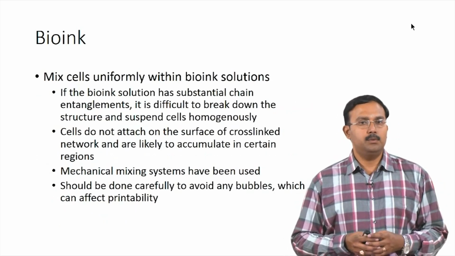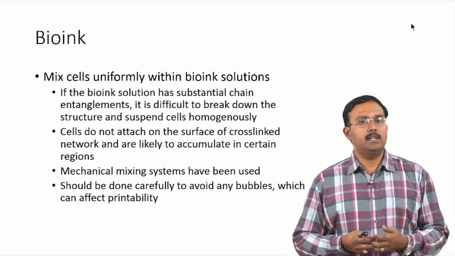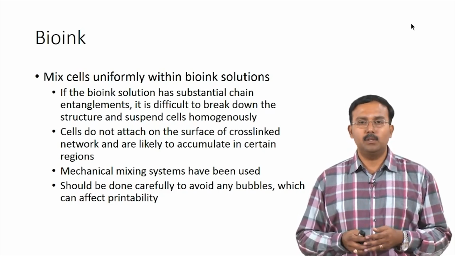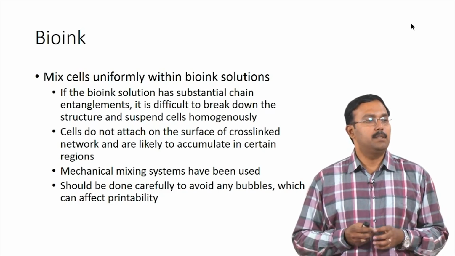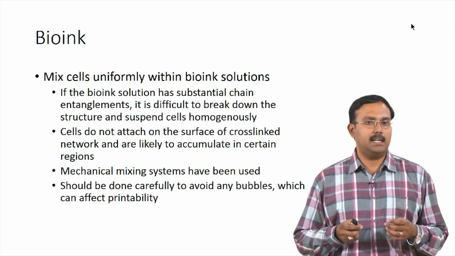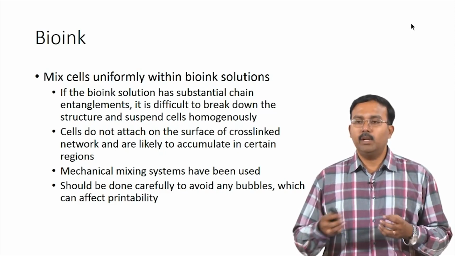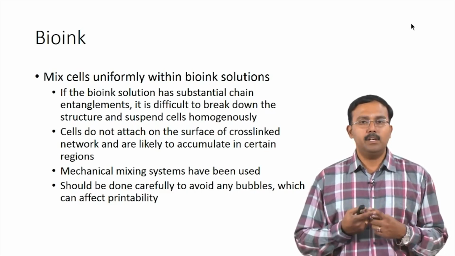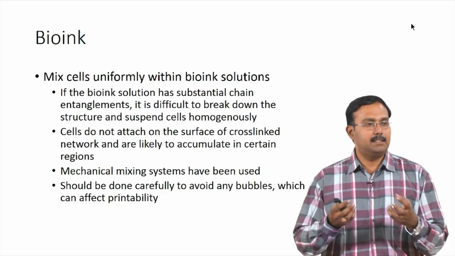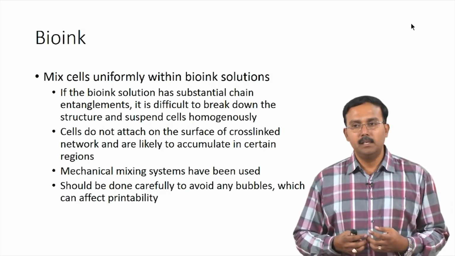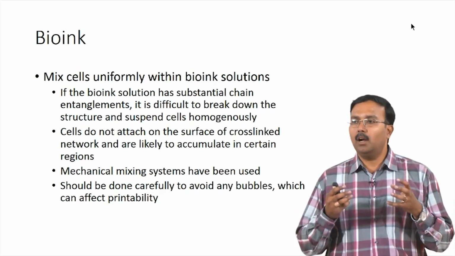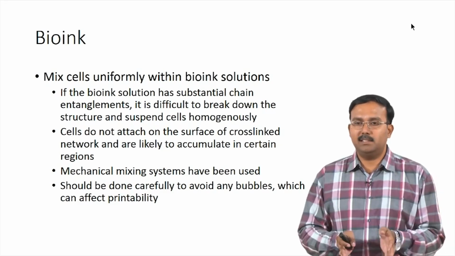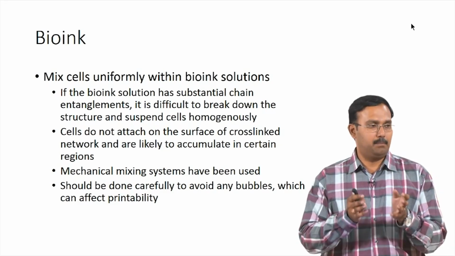So, when you are trying to use a bio ink, you are actually trying to mix cells uniformly within the bio ink solutions most of the times. When you try to do this, you need to understand that if the bio ink solution actually has many chain entanglements, it will be difficult to break this down and suspend cells uniformly. So, you want the bio ink to actually cross link as soon as it is coming out of the printer, right.